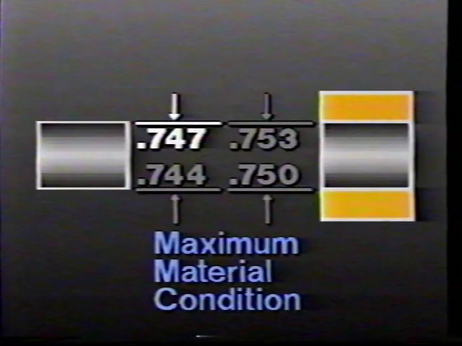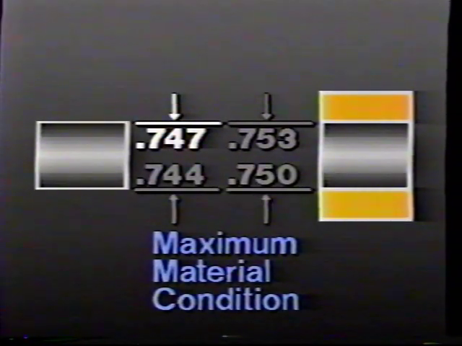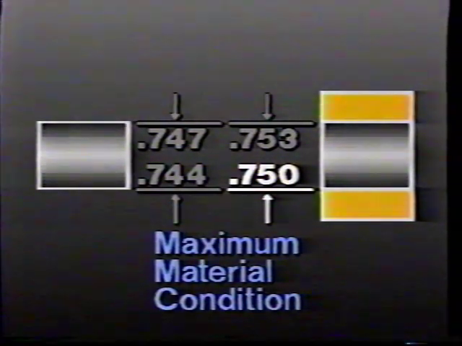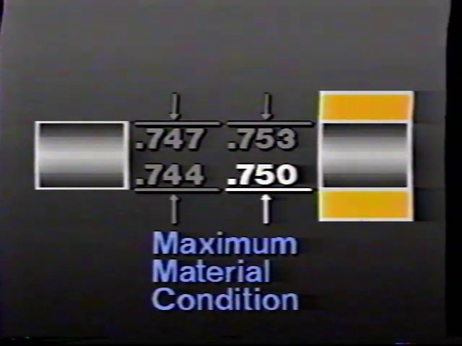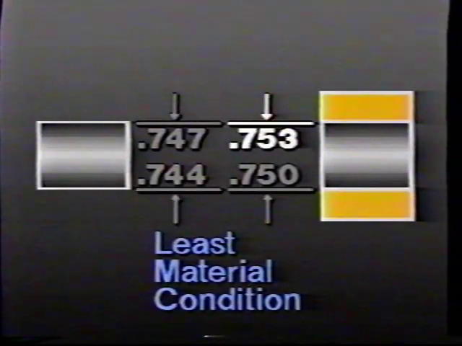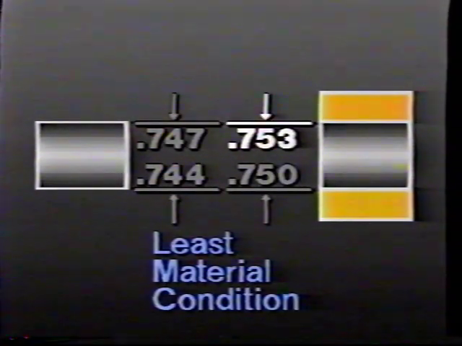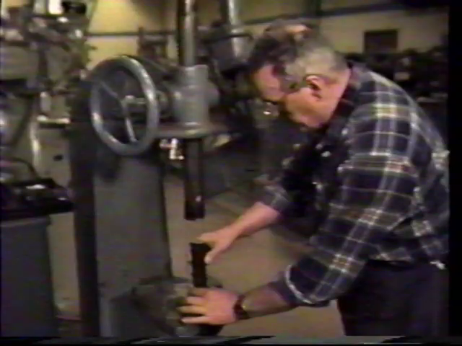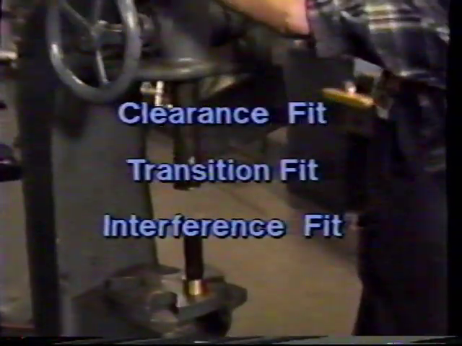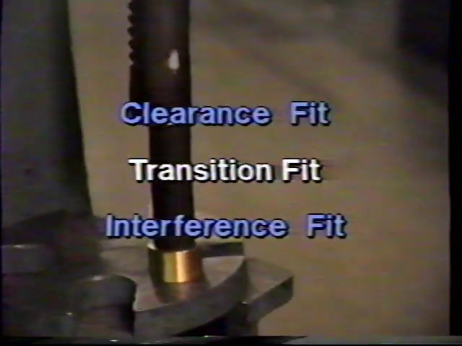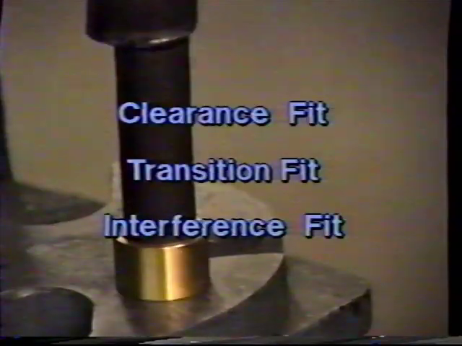An external feature at its upper tolerance limit and an internal feature at its lower tolerance limit are said to be in their maximum material condition. When the external feature is at its lower tolerance limit and the internal feature is at its upper tolerance limit, they are in their least material condition. The material condition of two mating features will determine whether they have a clearance fit, transition fit, or interference fit.